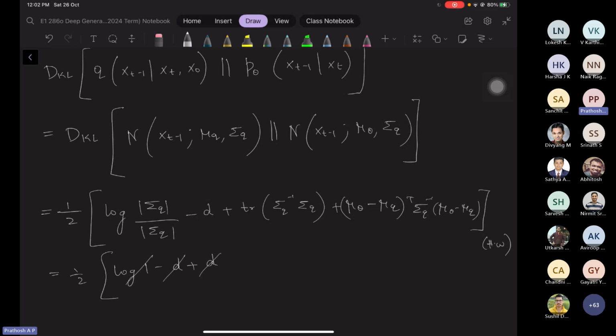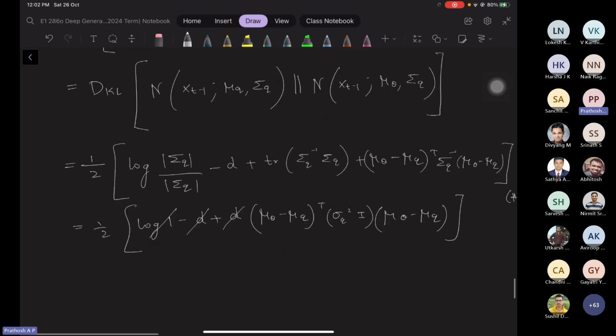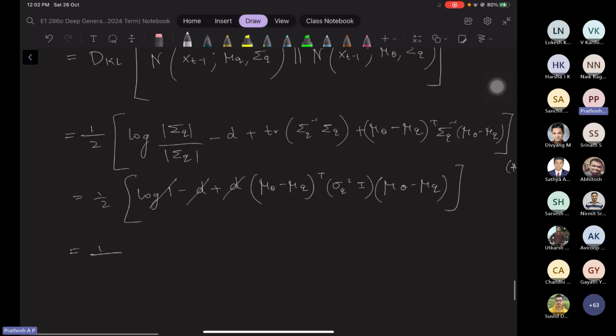What remains is mu theta minus mu q transpose, sigma q inverse, which is small sigma q squared I inverse, times mu theta minus mu q. So this will be equal to half, with the inverse, 1 over 2 sigma q squared times the norm of mu theta minus mu q, whole squared.